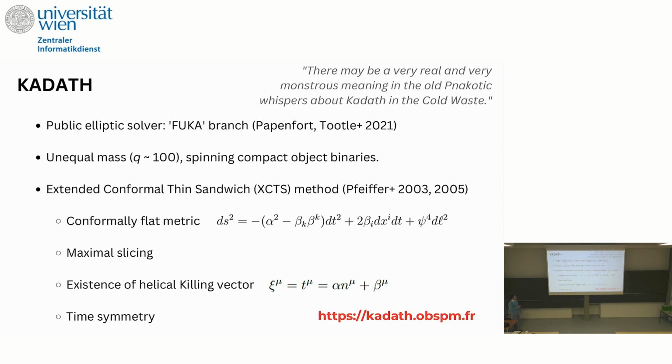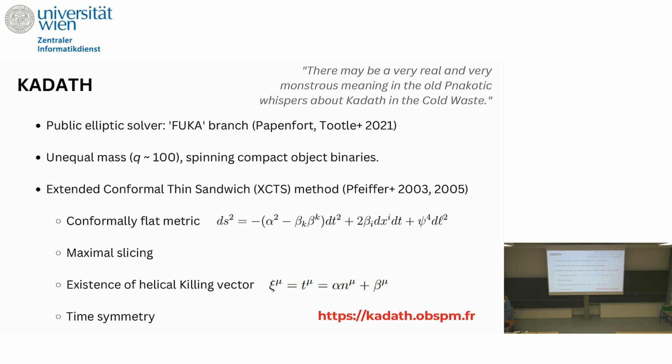This tool is based on the conformal thin sandwich approach, a method created by Pfeiffer in 2003 and 2005, and it is based on these four assumptions. The first one is that you can write the metric as conformally flat.